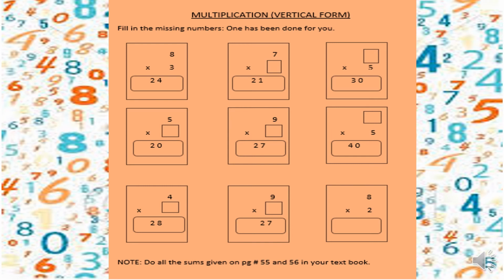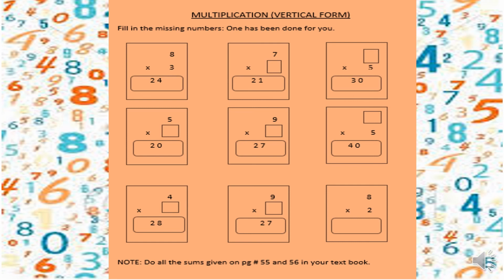Similarly, how many times 9 equals to 27? So 3 times 9 equals to 27. So you will write 3. Similarly, how many times 5 equals to 40? So 8 times 5 equals to 40. You will write 8 in the box. How many times 4 equals to 28?